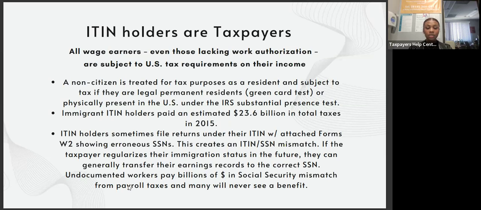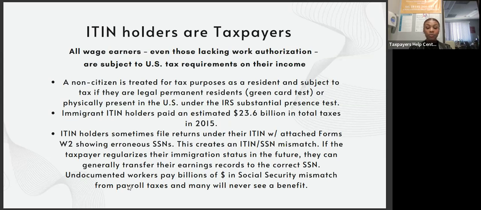ITIN holders sometimes file returns under the ITIN with attached forms W-2 showing erroneous Social Security numbers. This creates an ITIN Social Security number mismatch. If the taxpayer regularizes their immigration status in the future, they can generally transfer their earning records to the correct Social Security number.